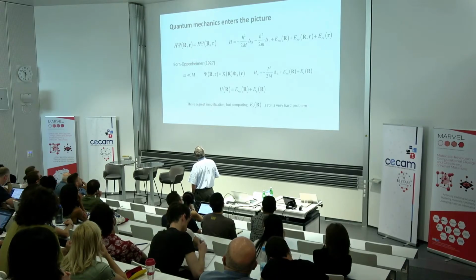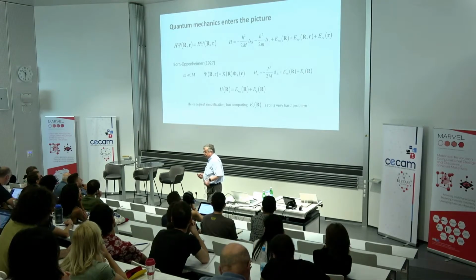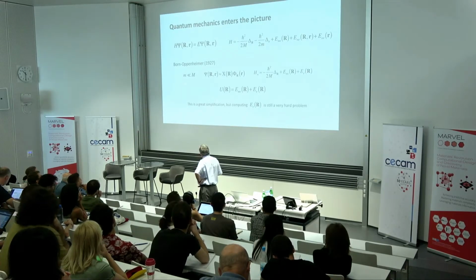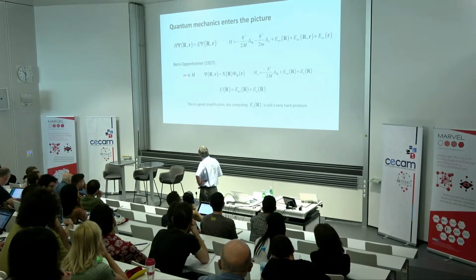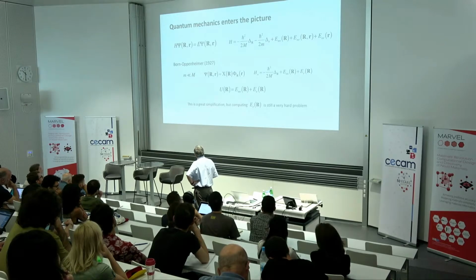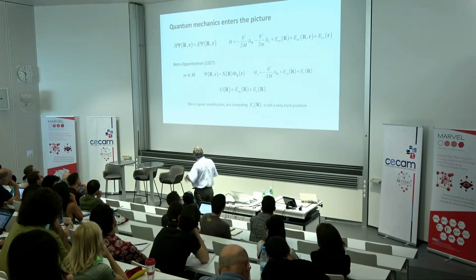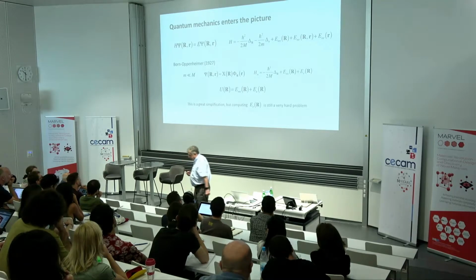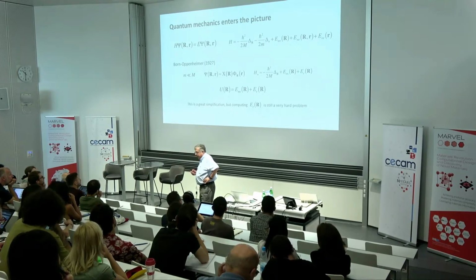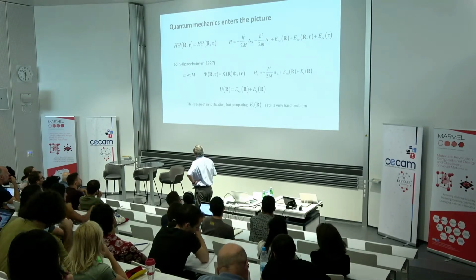In that paper they develop an approximation to deal with the molecular system that is based on the fact that the mass of the electron is much smaller than the mass of the nuclei. They discussed their method in the context of the time-independent Schrödinger equation.